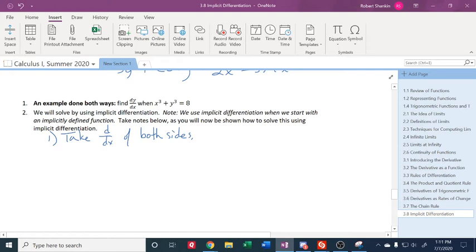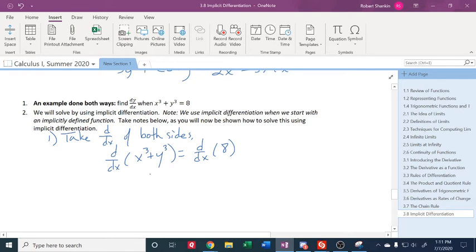So I'm going to take d dx of the left-hand side, and that's okay as long as I also am taking d dx of the right-hand side. If two expressions are equal, then how they change with respect to x will also be equal.